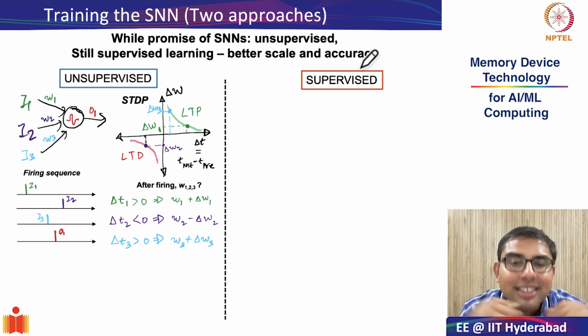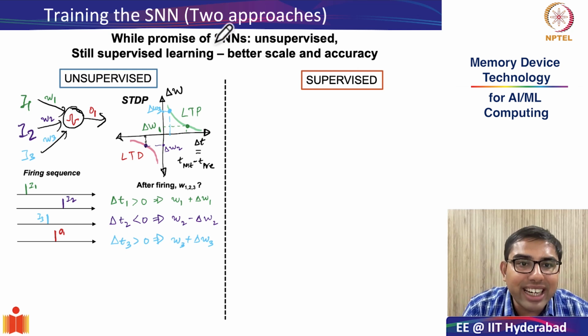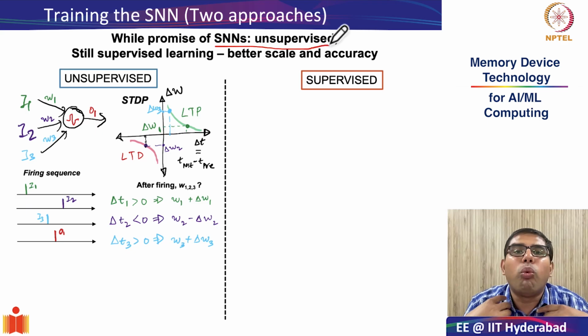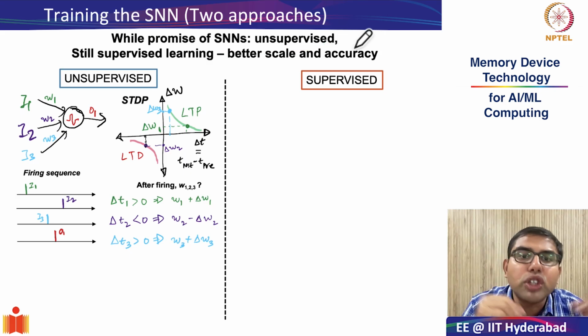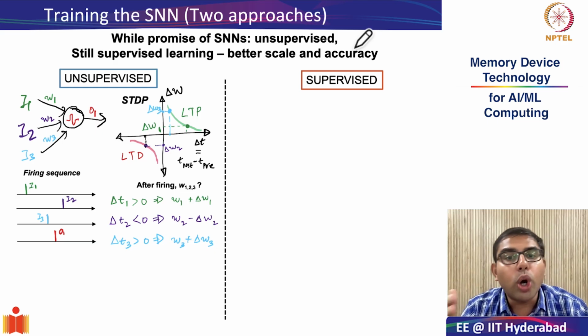As I just explained, although SNNs were primarily developed so that you can have unsupervised learning, as we will see very soon, that has certain inherent limitations in terms of scalability and accuracy. So although first we are going to have a deep dive into unsupervised learning, we will also see some supervised learning techniques.